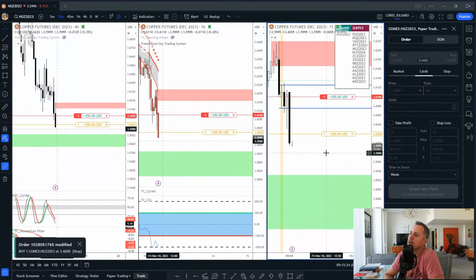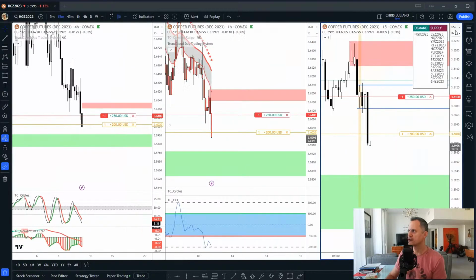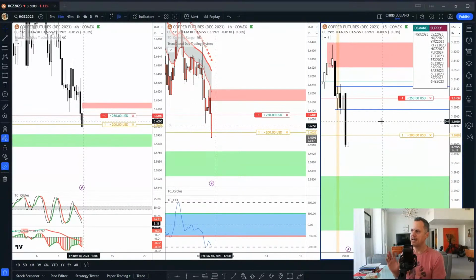So, yeah, we want to lock in because we only have one contract. The rule that I came up with for my personal trading, if you have only one contract, I really want to make this clear, if you only have one contract, you must take the 2 to 1 target.